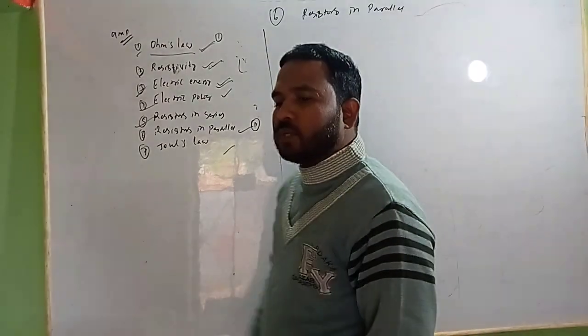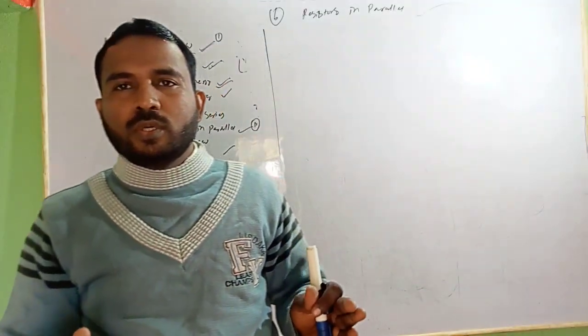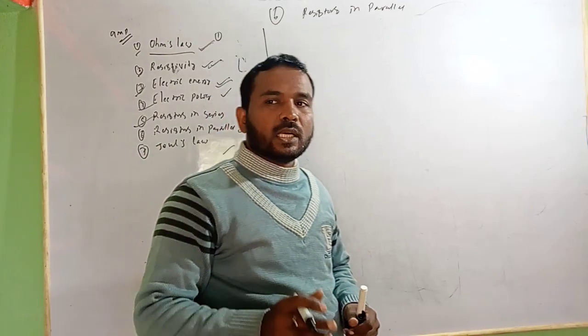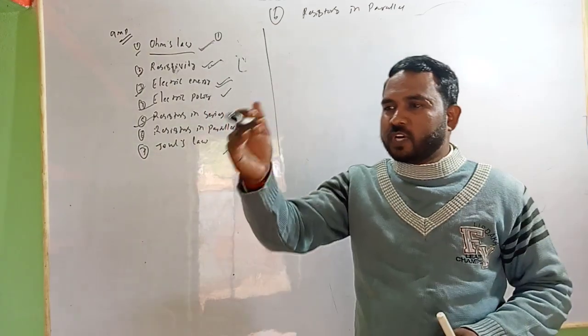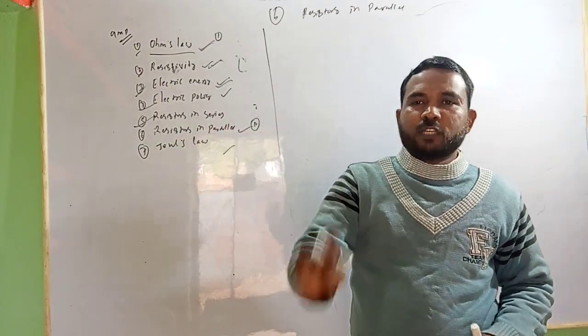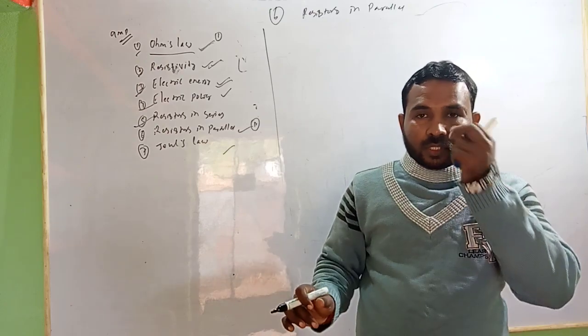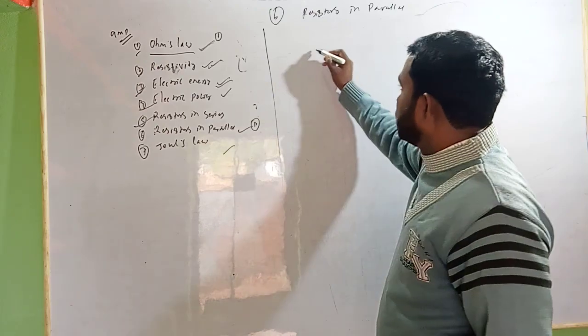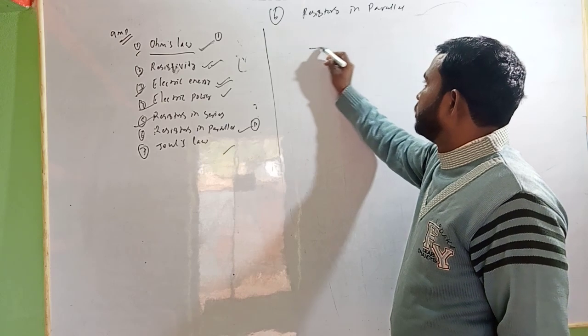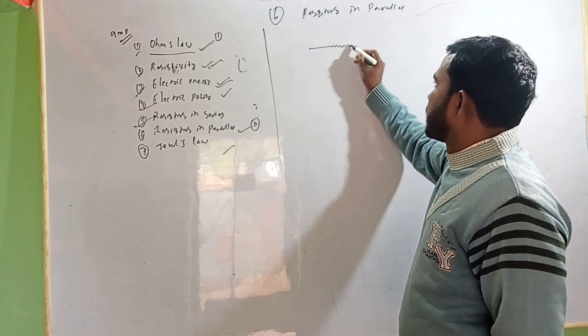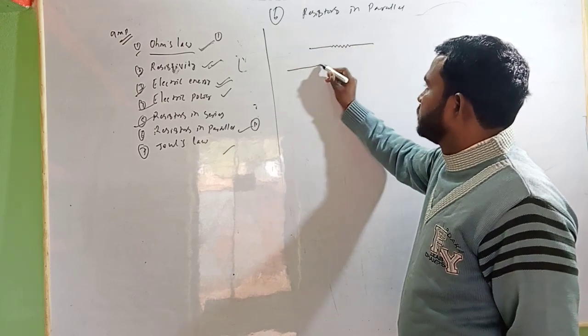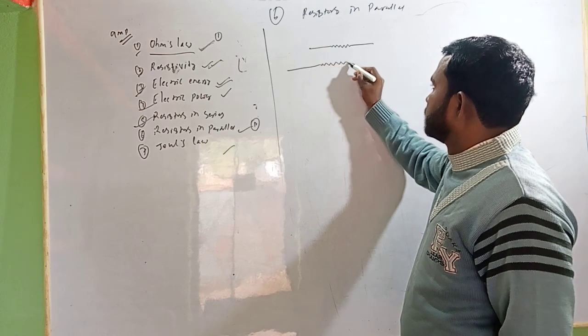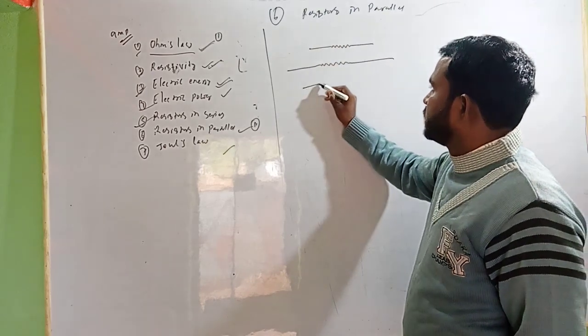Parallel means what? When two or more resistors are connected one by one, and their terminals are joined, just like you see according to your diagram. Suppose that you have one resistor, another resistor you take, another one more resistor is there.